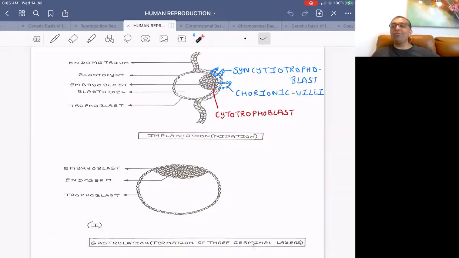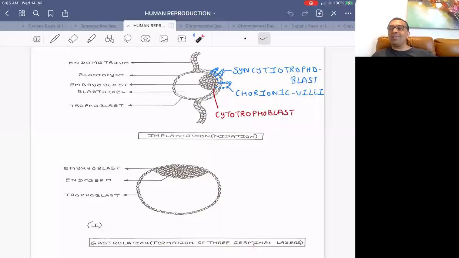So now that we have talked about cleavage, blastulation and implantation, today we have a beautiful process called gastrulation. What exactly is gastrulation? First lecture we had talked about it.